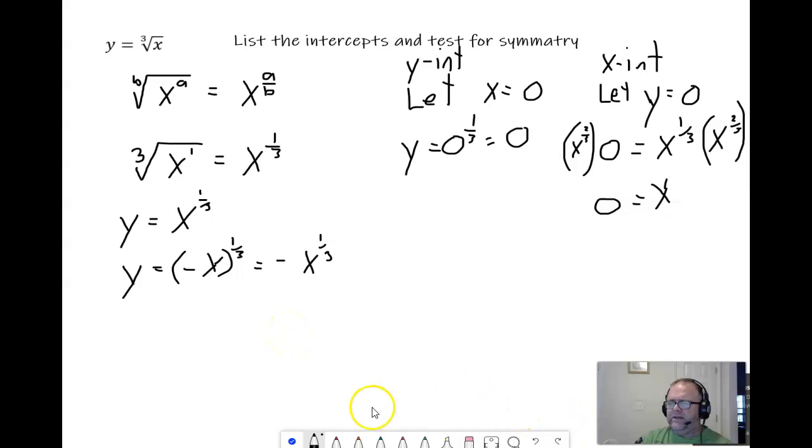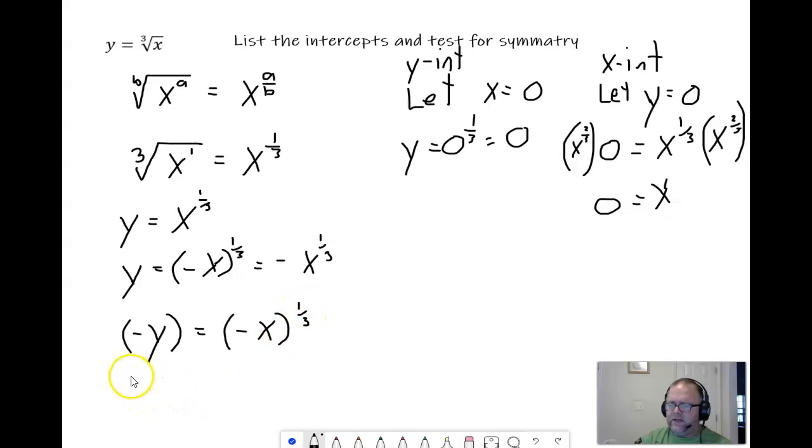And finally, to check to see if it's reflective across the origin, I replace both the y with negative y and the x with negative x. So I go back here, and I say we're going to replace y with negative y is equal to replace x with negative x to the 1/3.